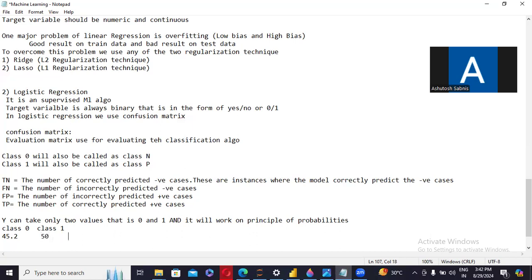The final prediction will be in class 1 by this analogy. Hope you are getting the point.